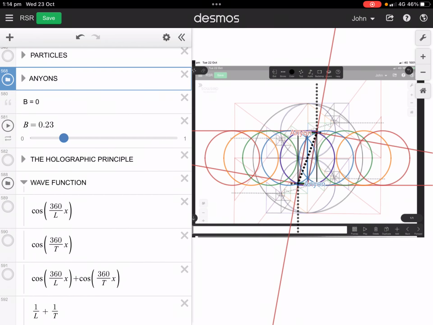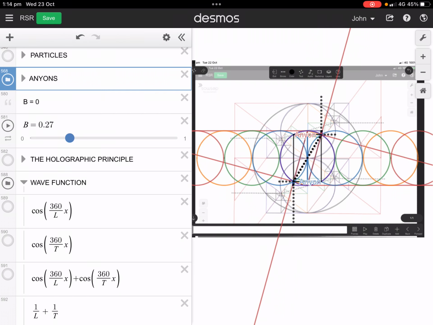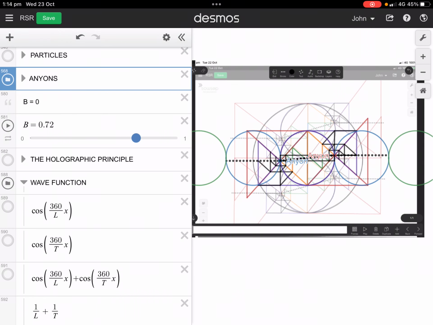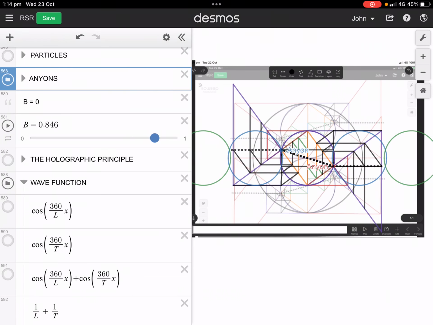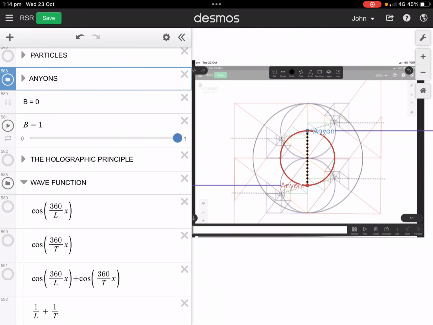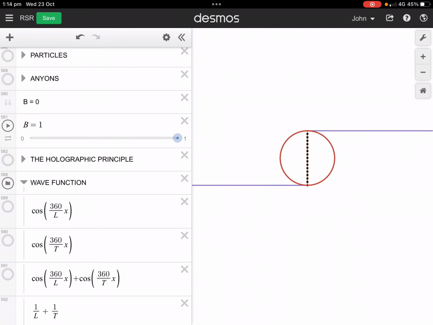I haven't animated this properly, but I can imagine that that spinor is collapsing into a superposition like that, and now it's gone. So it's a boson.